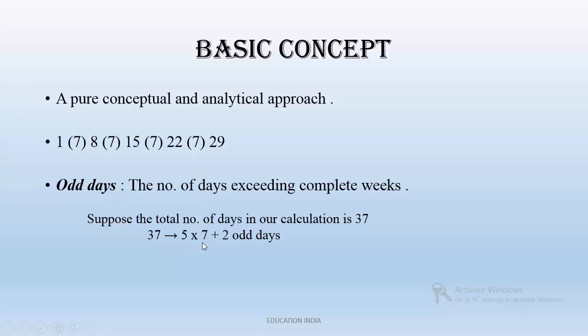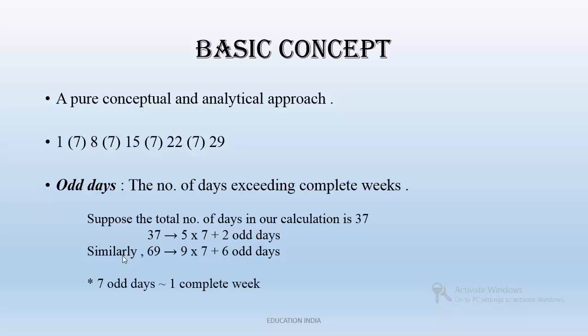This 2 will be the number of odd days. Again, mathematically speaking, when 37 is divided by 7, the remainder is 2. Hence, we can see that there are 2 odd days. Similarly, the remainder when 69 is divided by 7 is 6. Thus, if the number of days in our calculation is 69, there will be 6 odd days.